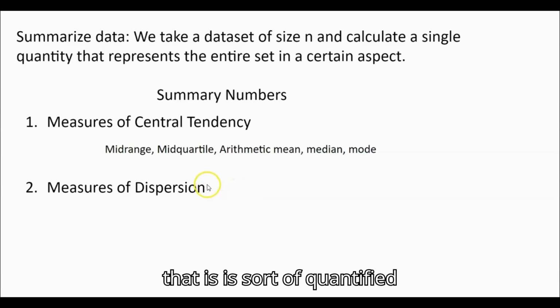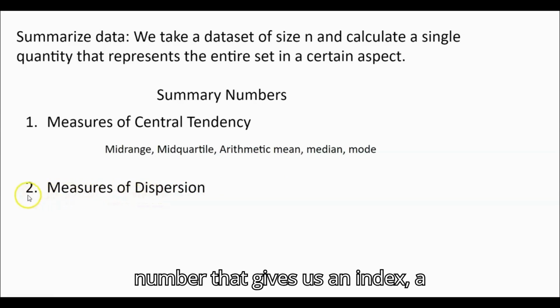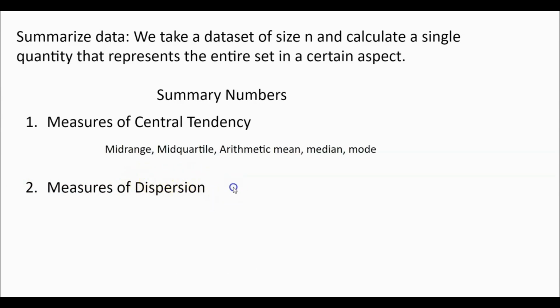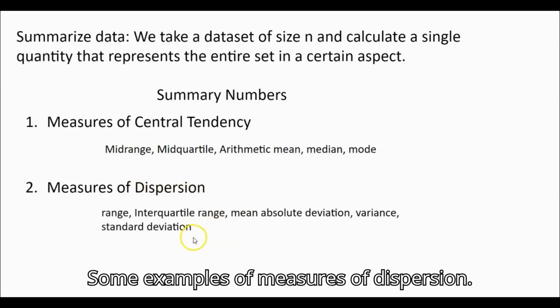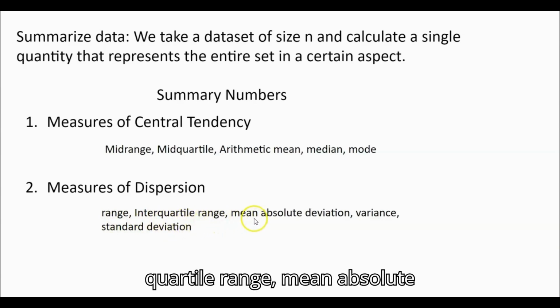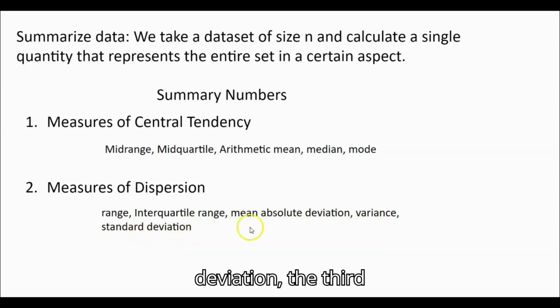So that is quantified by a measure of dispersion, one single number that gives us an index, a measure of that spread of your scores. Some examples of measures of dispersion: we have the range, the interquartile range, the mean absolute deviation, the variance, standard deviation.